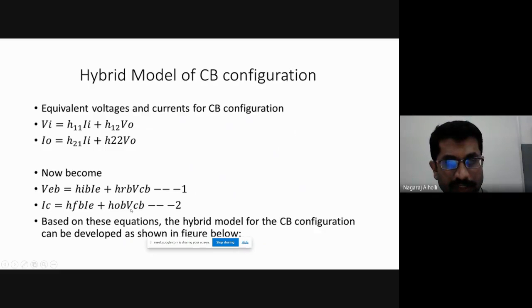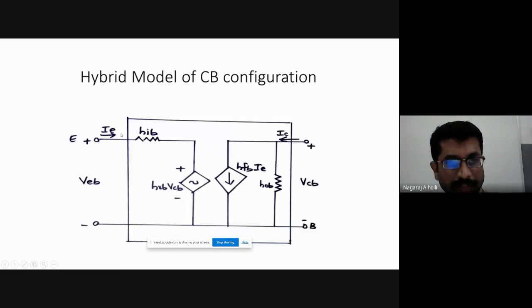Based on these equations, the hybrid model of the common base configuration is developed. The first equation is the KVL equation, and the second one is the KCL equation. The KVL equation is VEB is equal to Hib IE plus Hrb VCB, and the KCL equation is IC is equal to Hfb IE plus Hob VCB. This is the hybrid model of the common base configuration.